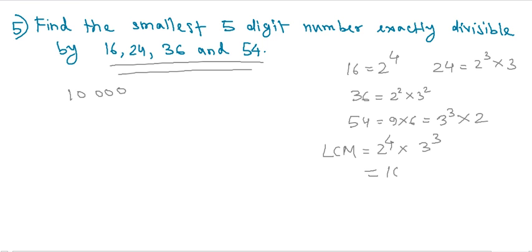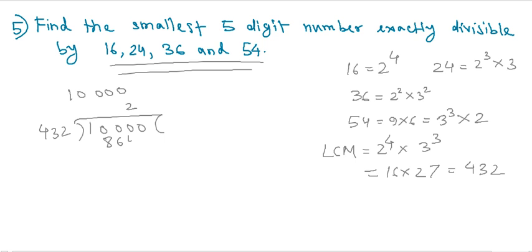Now we have 16 multiplied by 27, that comes to 432. Now we have to divide 10,000 by 432. So we have here, let's take by 2, so we have 864.